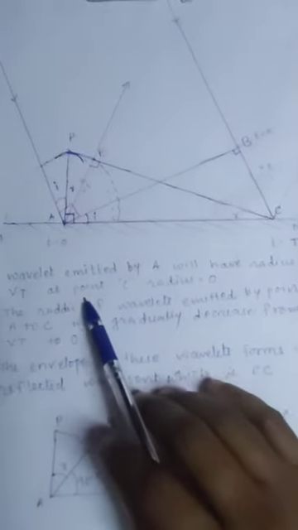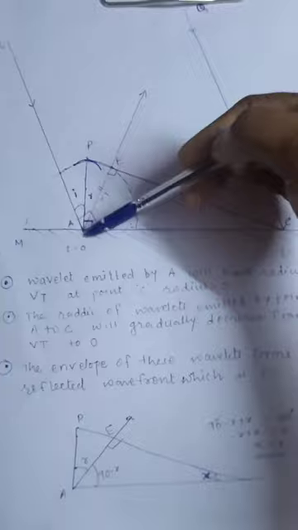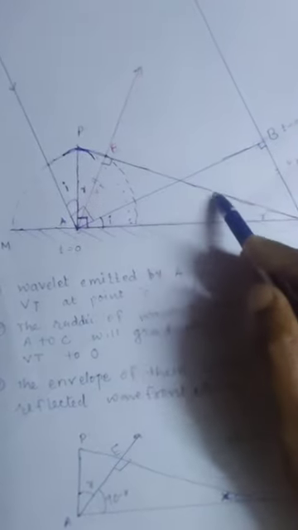Each and every point on this surface behaves like a secondary source of light and starts emitting secondary wavelets.